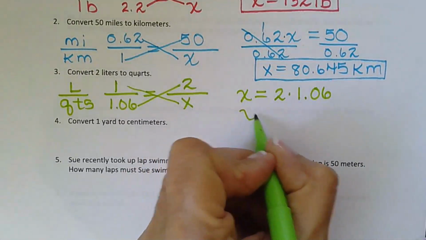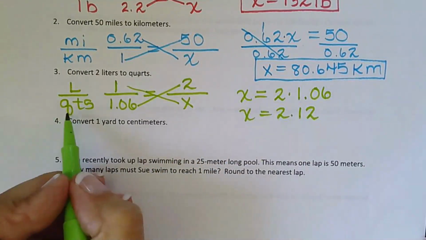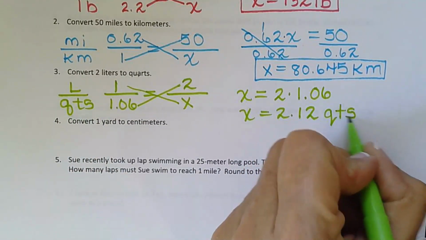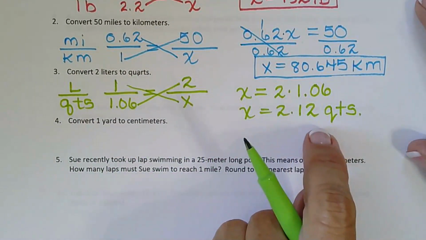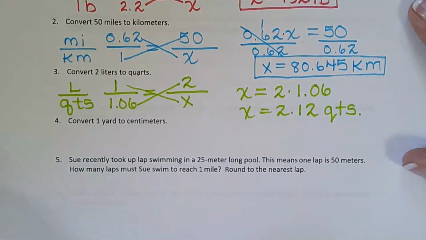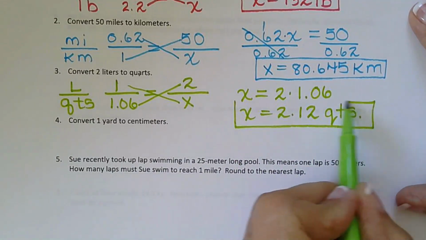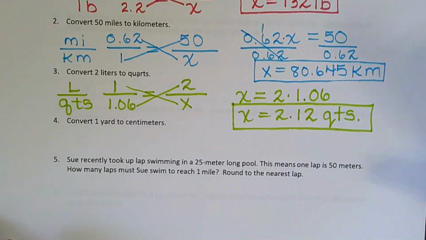So that would be 2.12. And then to get the label, quarts. So 2 liters is just a little bit more than 2 quarts. So 2 and some change quarts. Everybody do okay on that one?